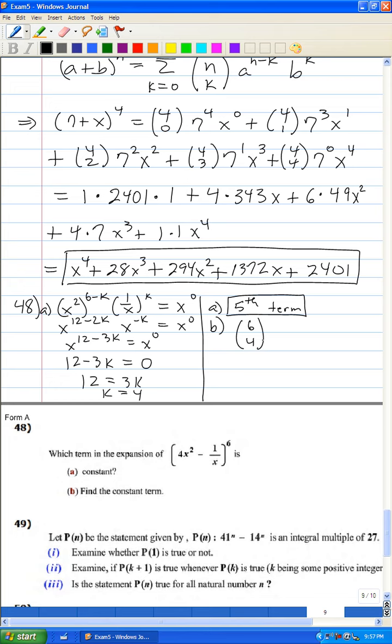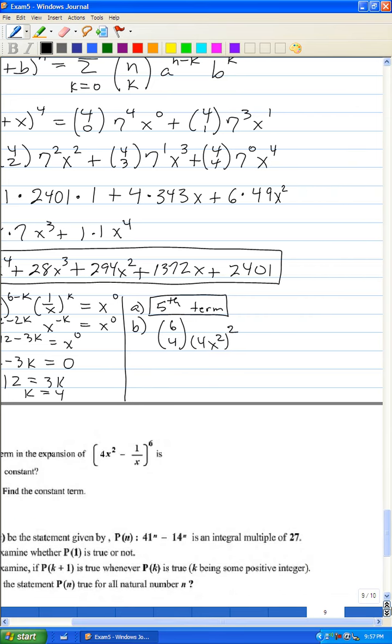So 6 choose 4, 4x squared to the power 6 minus 4 is 2 times negative 1 over x to the power 4. 6 choose 4 is 15. Let me do this on my calculator actually. Let's see.